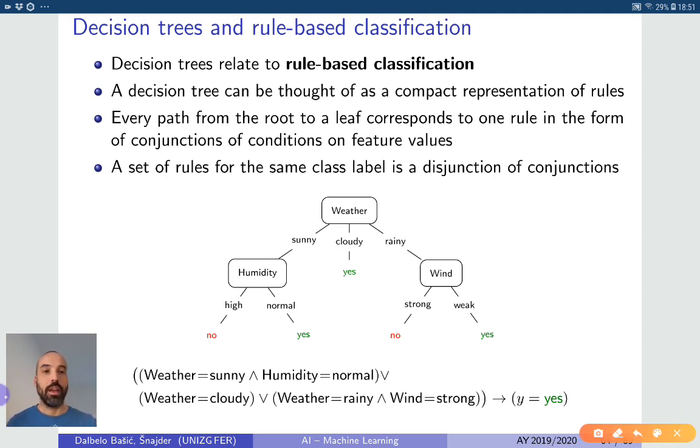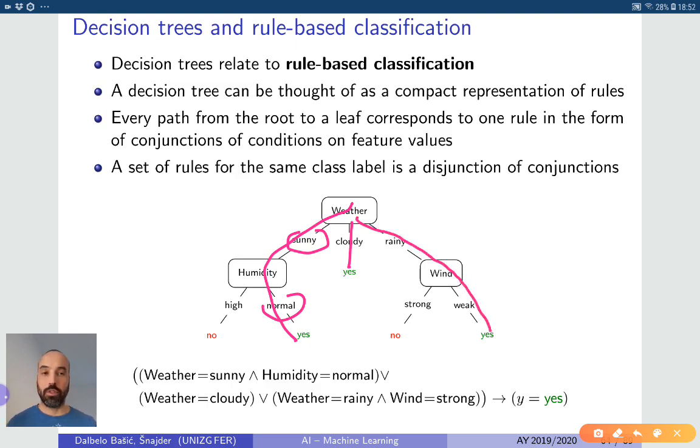So for example, if you look at this path here, it's basically telling you that the weather is sunny and humidity is normal, right? And then you get a yes. The other way you can get a yes is if the weather is cloudy, and then yet another way you can get a yes is if the weather is rainy and the wind is weak.